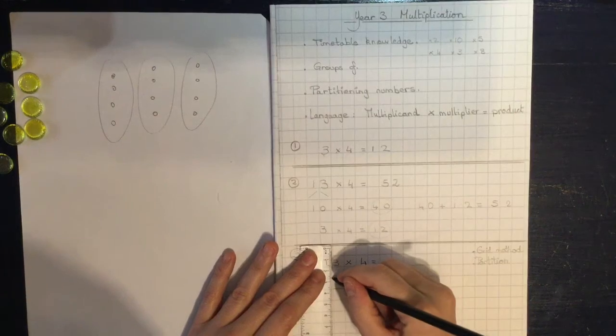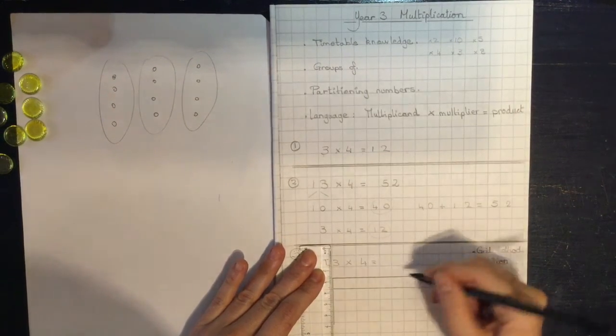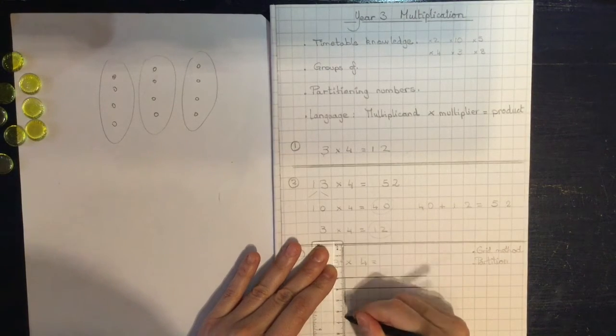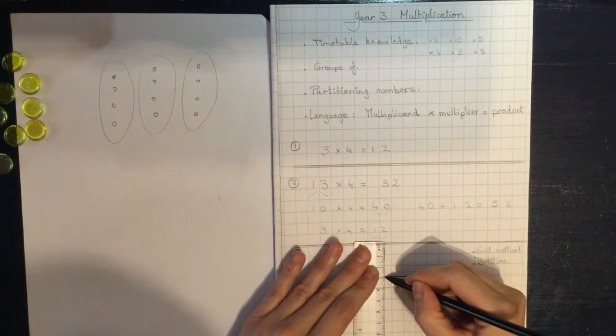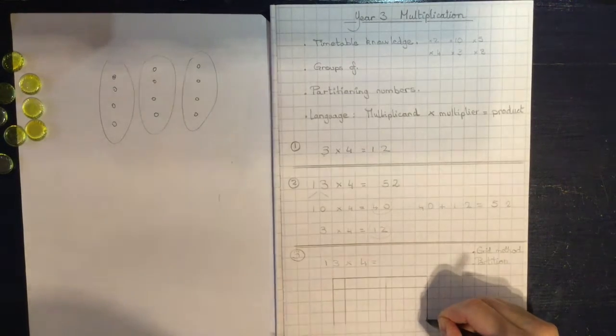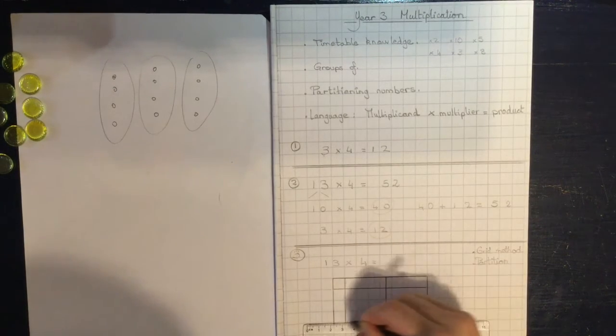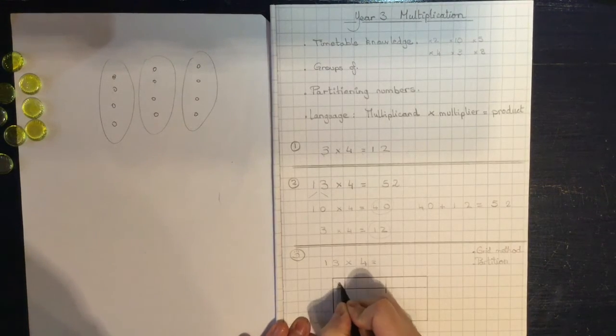We will partition our tens and ones. Let's make it equal. Is that possible? Yes, we can do that. Right, so this is a multiplication.